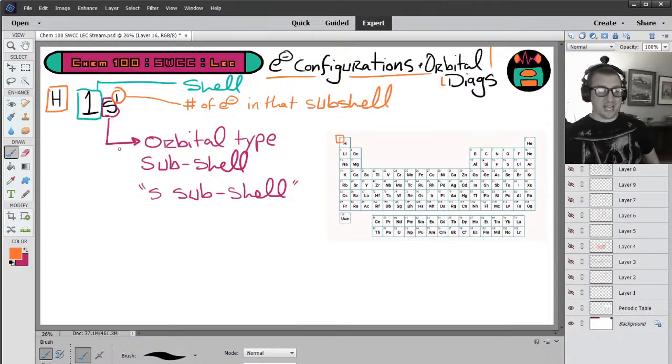So looking at the electron configuration for hydrogen, 1s1, it tells us that we have one electron in our S subshell on the first shell. All right, that's how you read it. That's how you unpack the information.